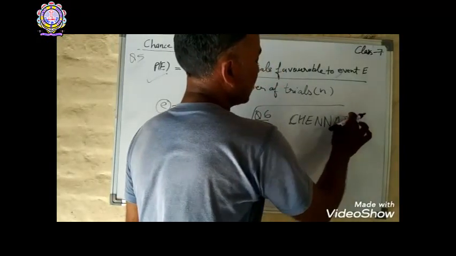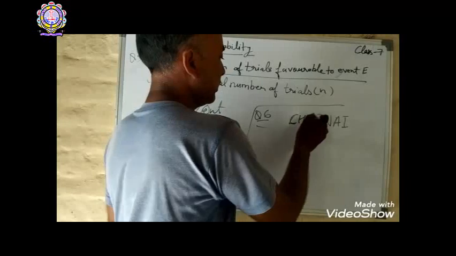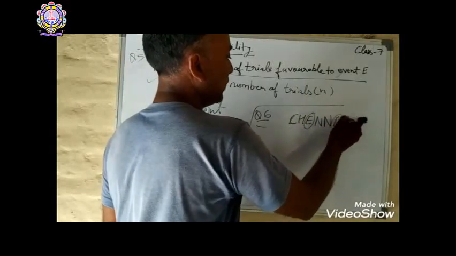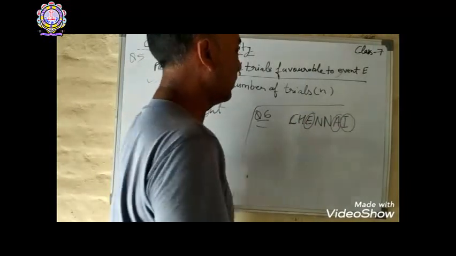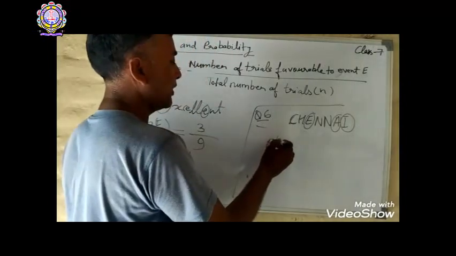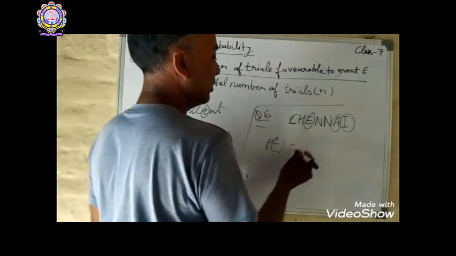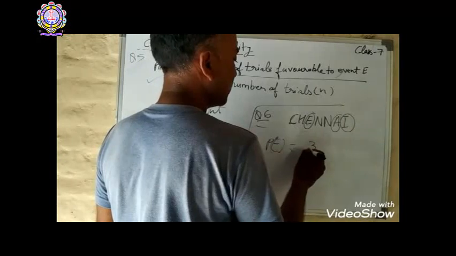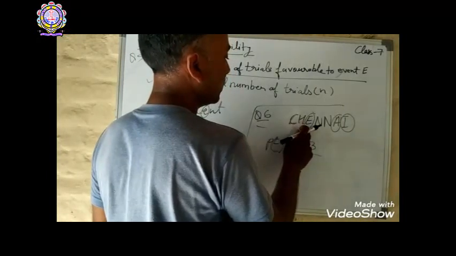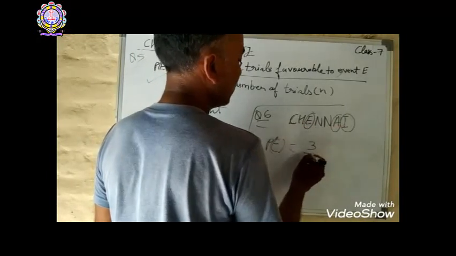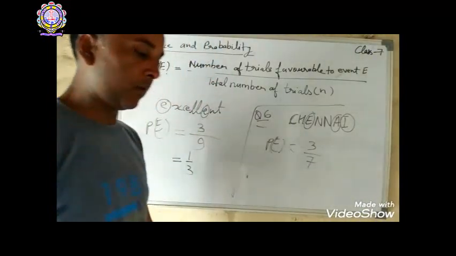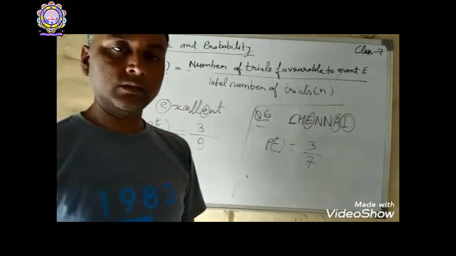So how many vowels are there? E is 1 vowel, A is 2, I is the 3rd vowel. Therefore, probability of event is 3, and total letters are 1, 2, 3, 4, 5, 6, 7. You just write 3 upon 7.